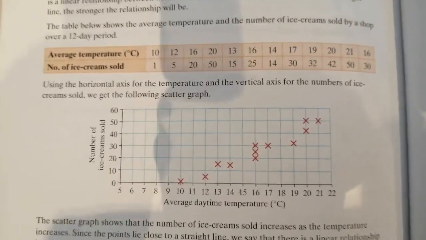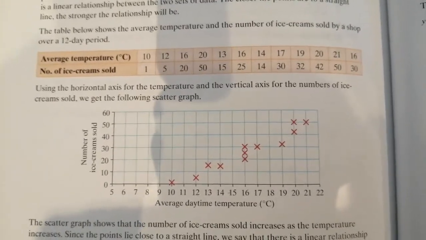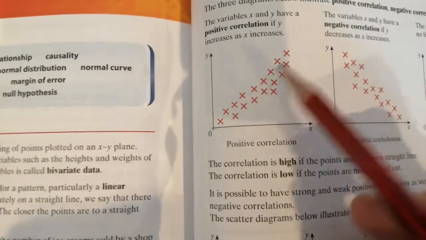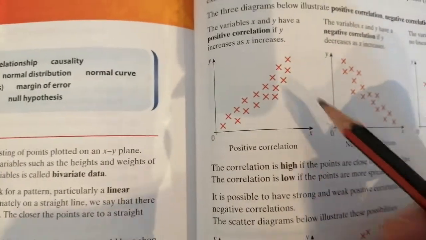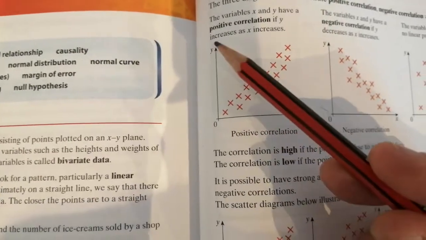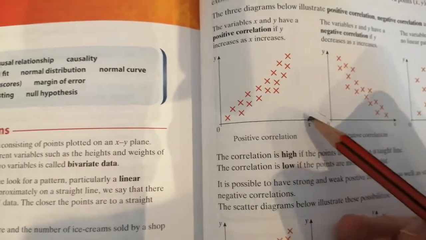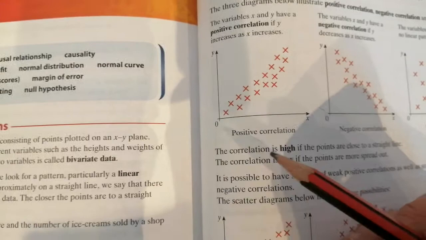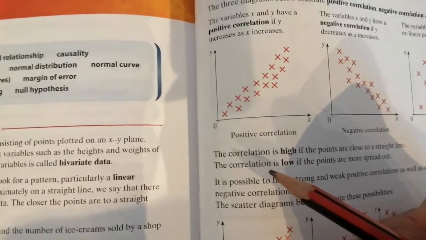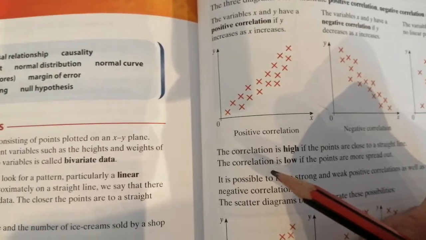But if we take another example, you can take my word for it that there is a positive correlation, a graph that looks like this, between the number of churches in a city and the amount of crime in a city. In other words, the more churches there are in a city, the more crime there is in a city.